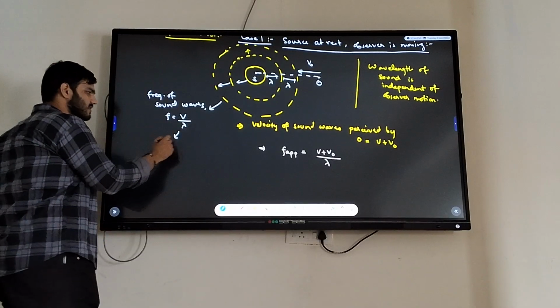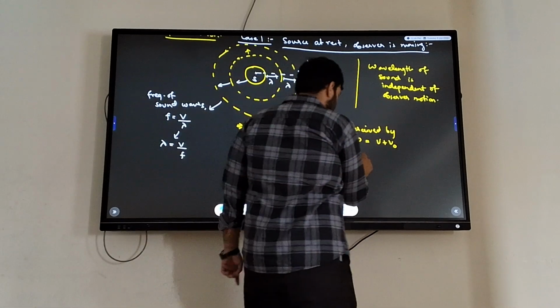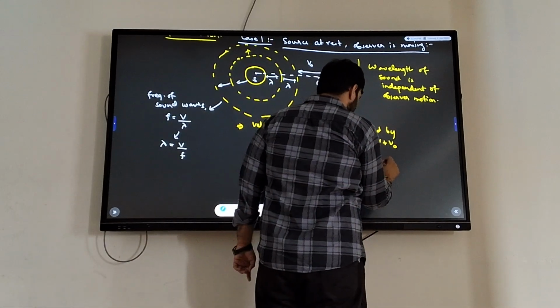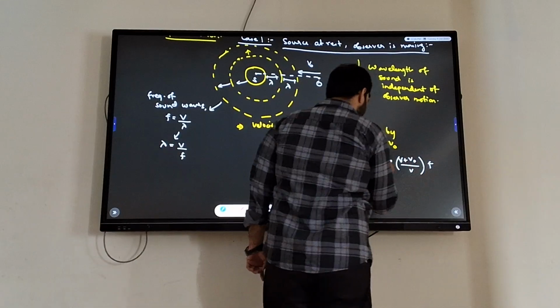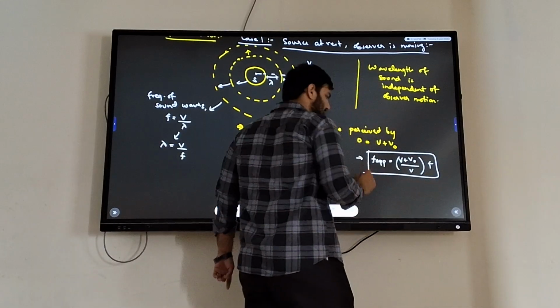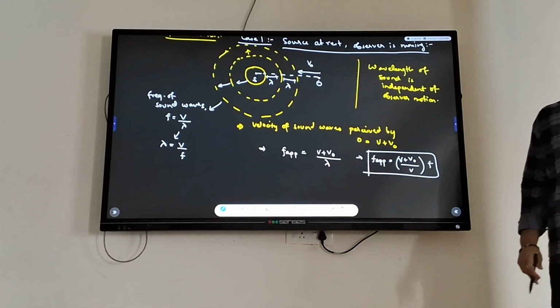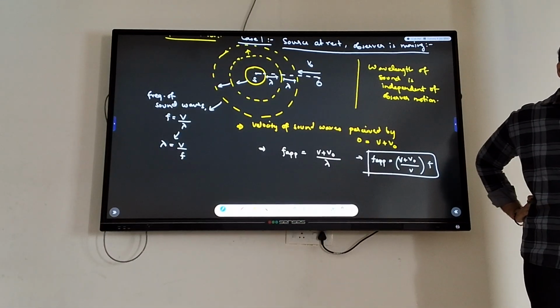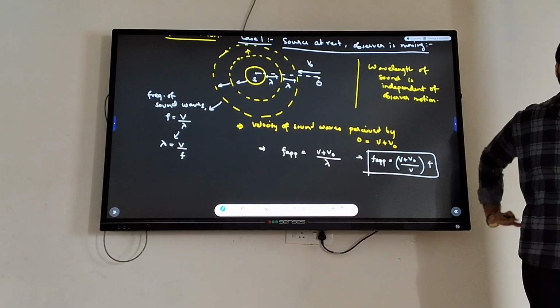What is lambda from here? V by F. Then I can substitute and I can get my apparent frequency. That's V plus V naught divided by V, into F, and this is the frequency heard by an observer which is moving towards the source. Yes? Can you see that the apparent frequency F is going to be greater than F?